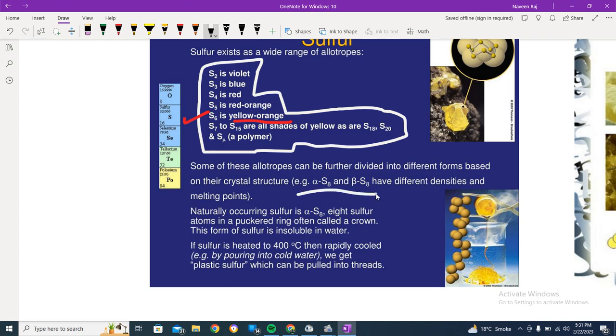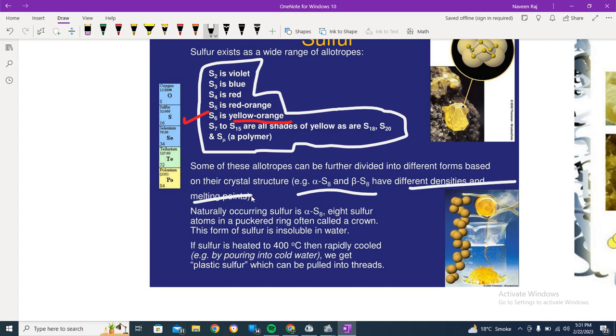If you haven't checked out my biomolecules chapter, from that you can get an idea of what alpha and beta forms are. So you can check it out. The difference between alpha and beta forms is only that the arrangement of atoms would be different there. The right side will be shifted to the left side, or the OH arrangement would distinguish this thing. And they have different densities and melting points.